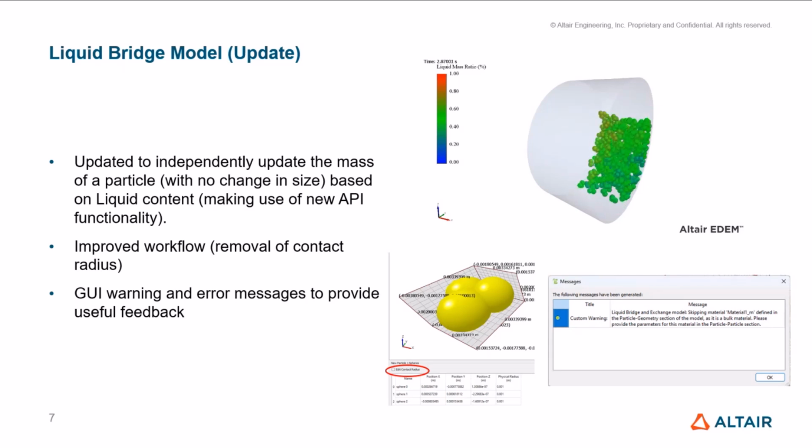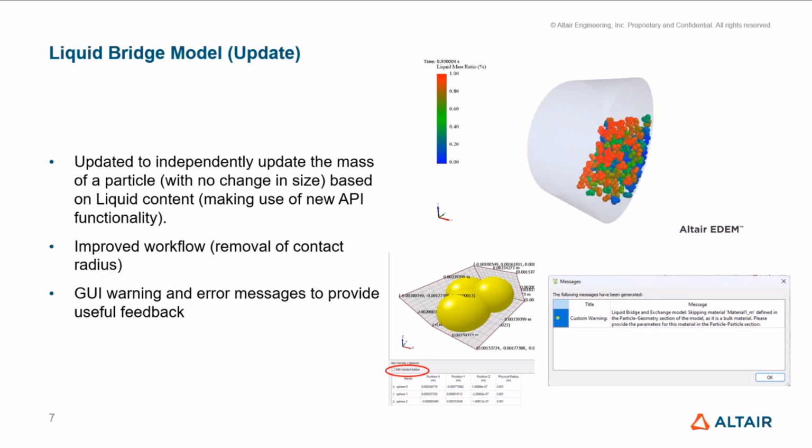That's now true for liquid bridge. You can still use the contact radius, but there's no need to do so if the particles start off contacting. The contact is flagged as staying active until the liquid bridge model says that bridge is ruptured, and then the contact stops existing. Again, this is not just improving the workflow, but actually making the model faster.